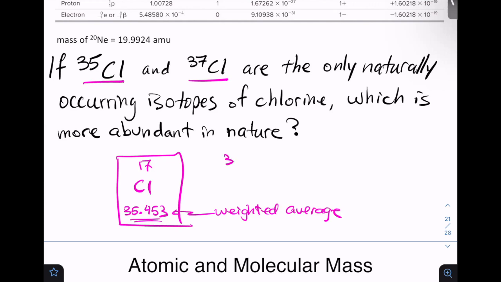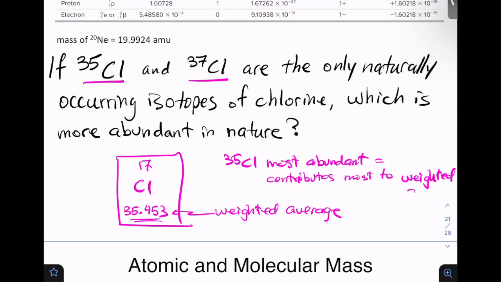In this case, chlorine-35 is most abundant, which means that it contributes most to the weighted average, meaning that the weighted average that we measure, that we see on the periodic table, is closest to the isotope that has that atomic mass number.